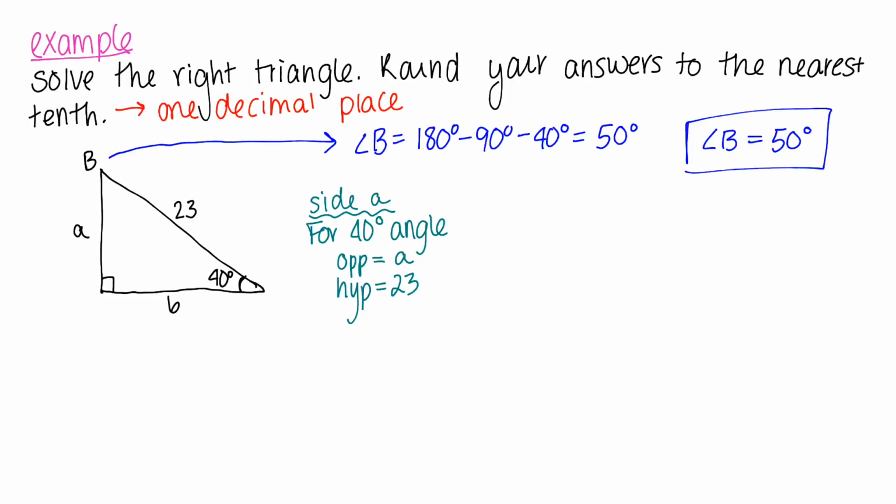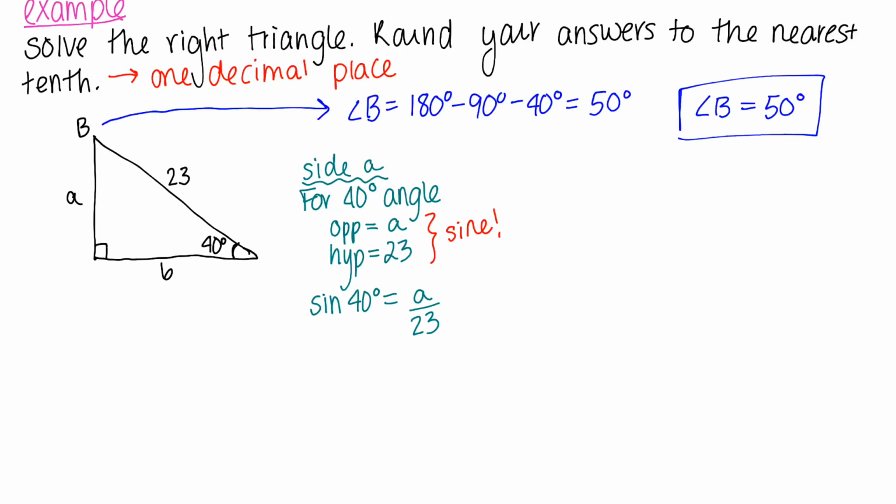So if we have opposite and hypotenuse all together, if you think of SOHCAHTOA, that's sine. Sine uses opposite and hypotenuse. So sine of 40 degrees is equal to opposite over hypotenuse. So A over 23.